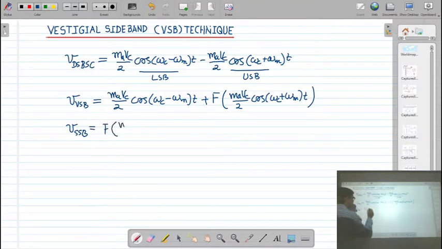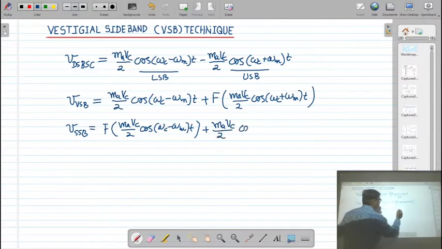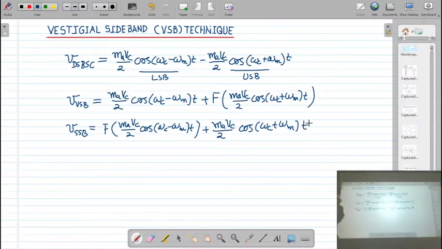Then this is f into mAc/2 cos(ωc − ωm)t, plus we are transmitting a complete upper sideband frequency, then it is mAc/2 cos(ωc + ωm)t. So this is a VSB signal.